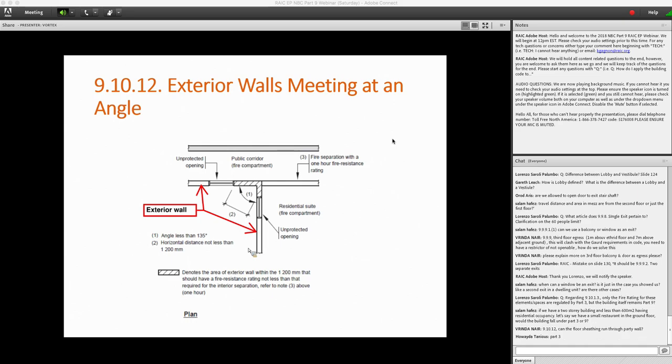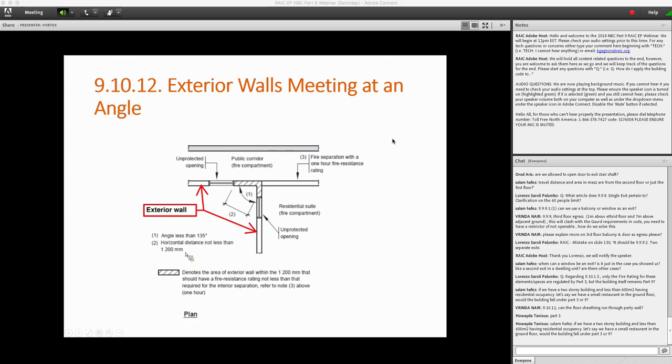When you have 2 fire compartments and the exterior walls of these fire compartments intersect at an angle less than 135 degrees, then what we are saying is that the area of the portion of the wall within 1.2 meters should have the same fire resistance rating as required for the interior fire separation.